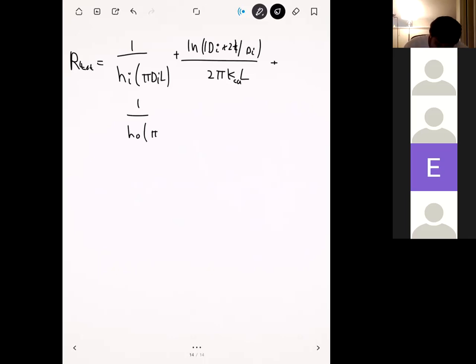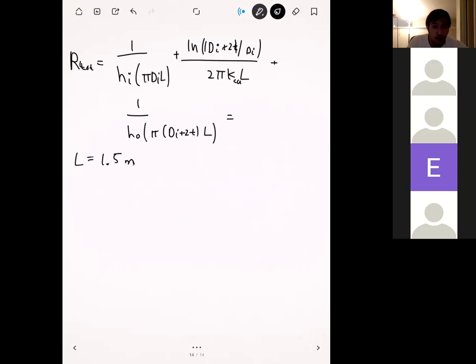So this is going to be pi times (di plus 2t) times L. And I'm not sure if I gave it to you, but the length of this heat exchanger is 1.5 meters. I think I forgot to mention that. But that's given to you in this problem as well.